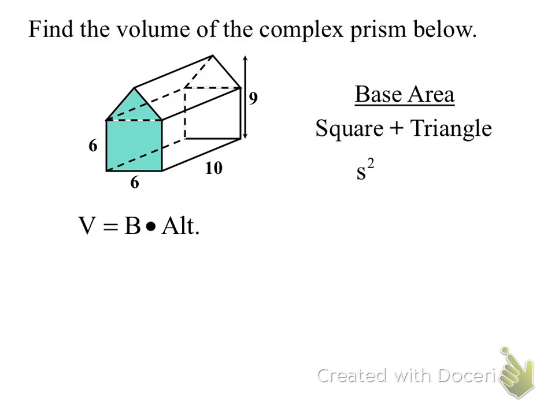And the triangle is 6. This height right here has to be how much? For the triangle, it is 3 because you do 9 minus 6.